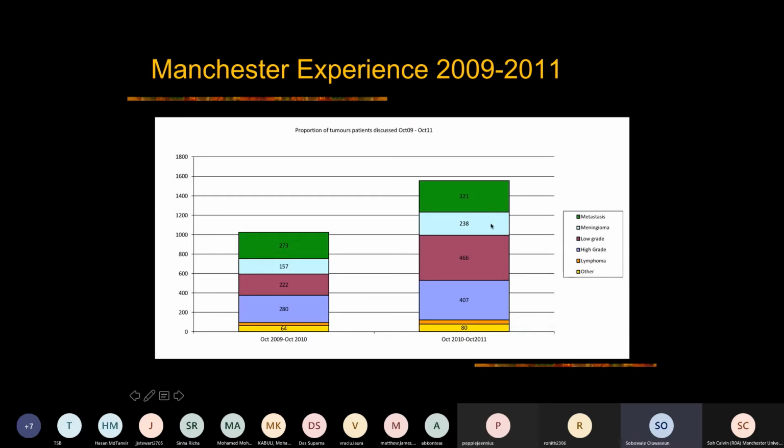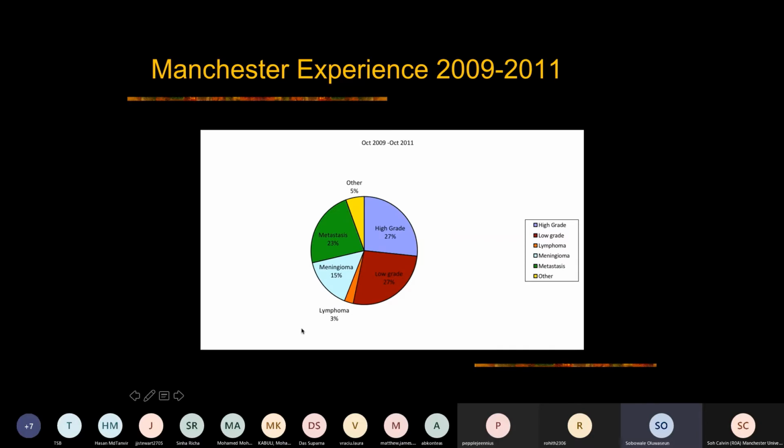You've got metastasis, meningioma, low grade and high grade tumors. Lymphoma is a bit underrated because we don't really think of it, but you must always think of lymphoma. If the imaging fits, you've got to be careful. Once you miss a lymphoma and give steroids, the lesion can actually shrink. All the rarer tumors constitute a very small proportion of your daily practice.